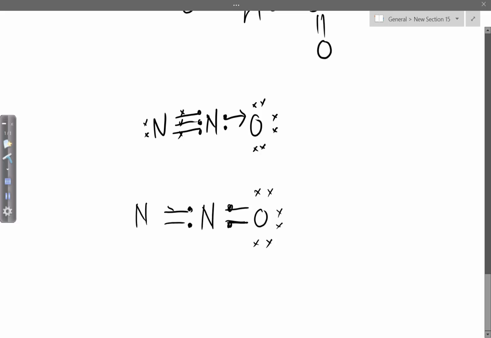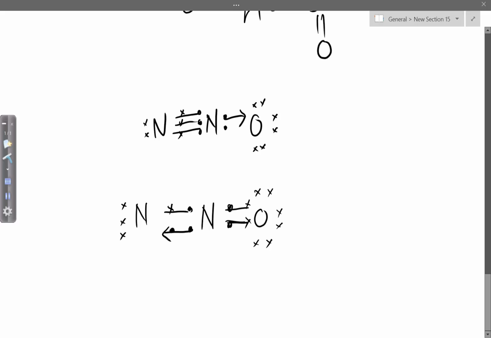Like that? Wait, no. Does it work? One dative, one bond. Hmm? One dative. Yes. Very good. Right? Nobody say a single bond. Nobody say you cannot do like that. Correct? Why?